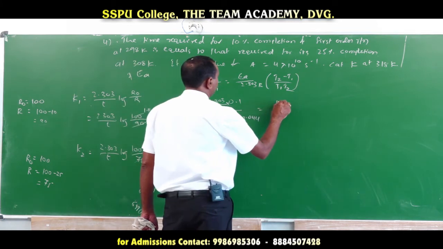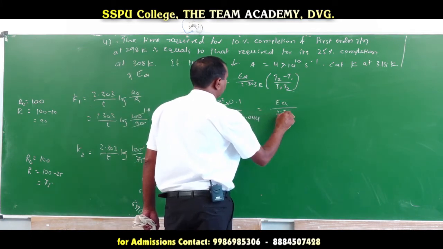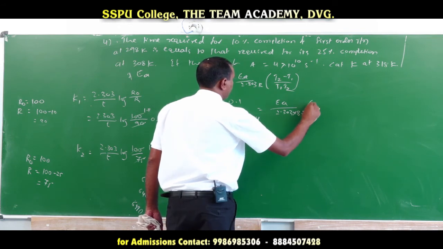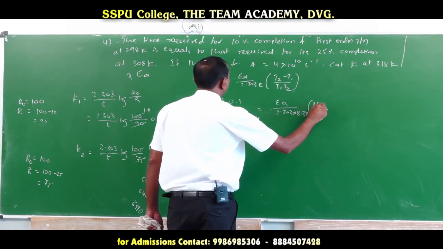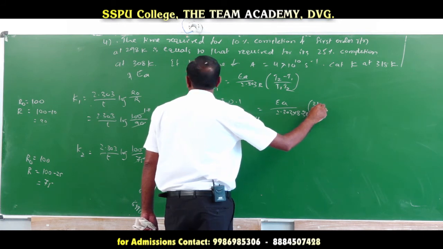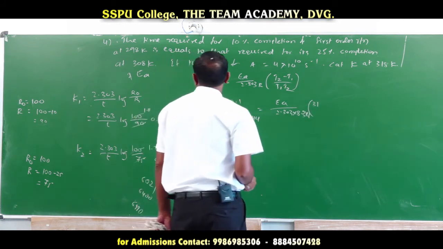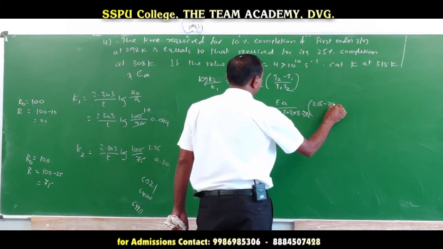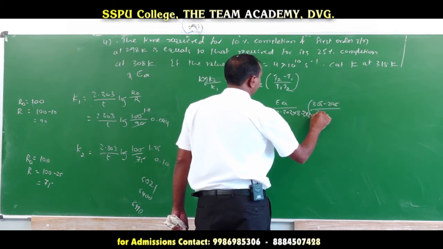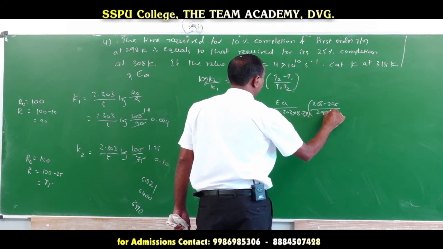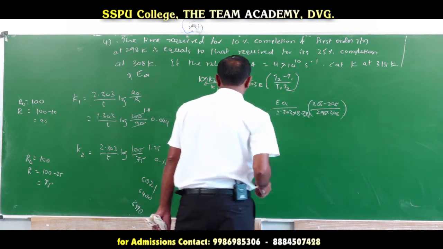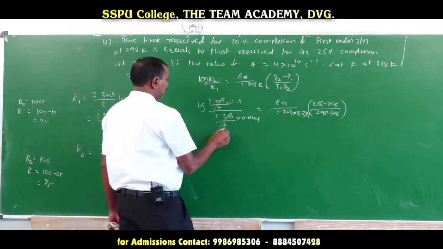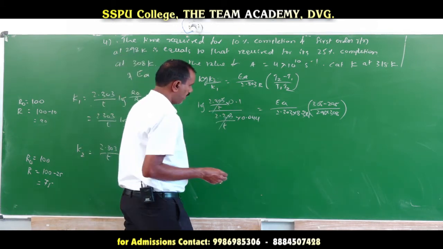That equals A by 2.303 into 8.314, temperature 308 minus 298. These two cancel, 0.1 divided by 0.044.